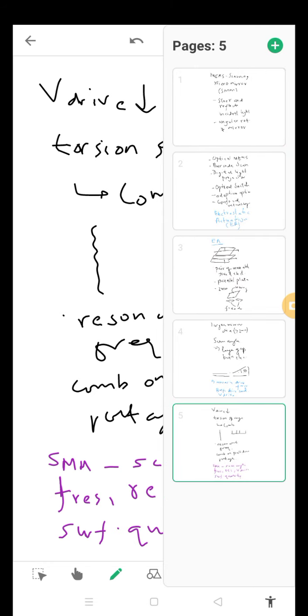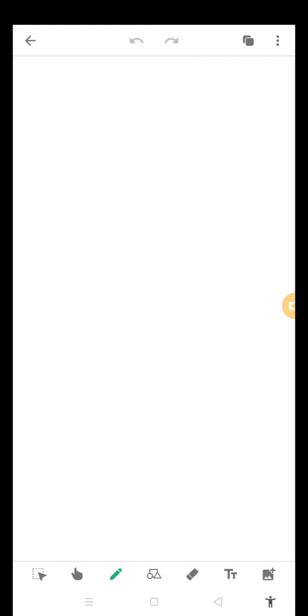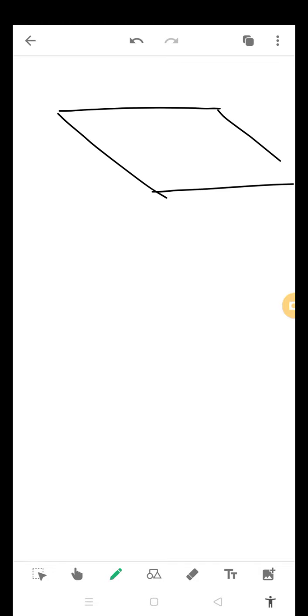Now let us try to understand the basic structure of an SMM. So what we have here is a frame on which the system sits. There is an inner comb and there is an outer comb.